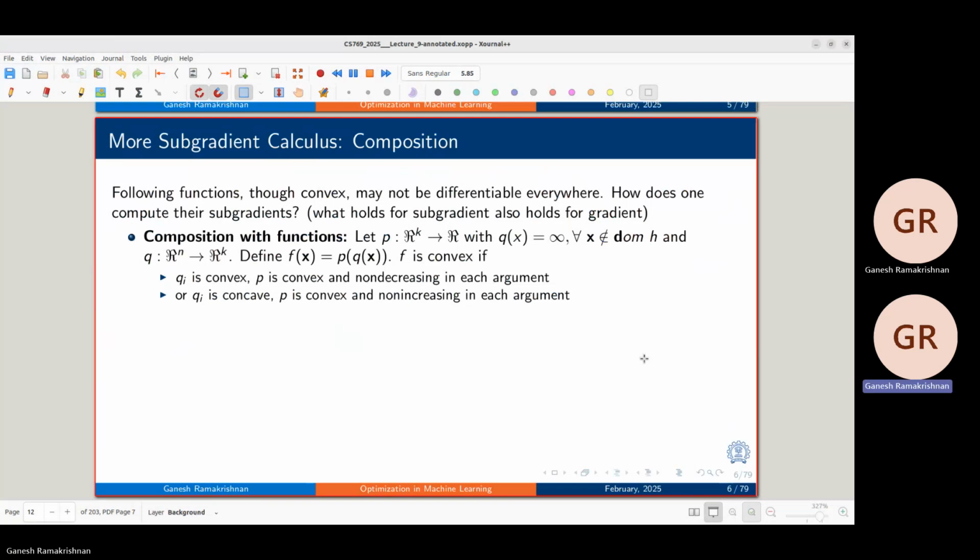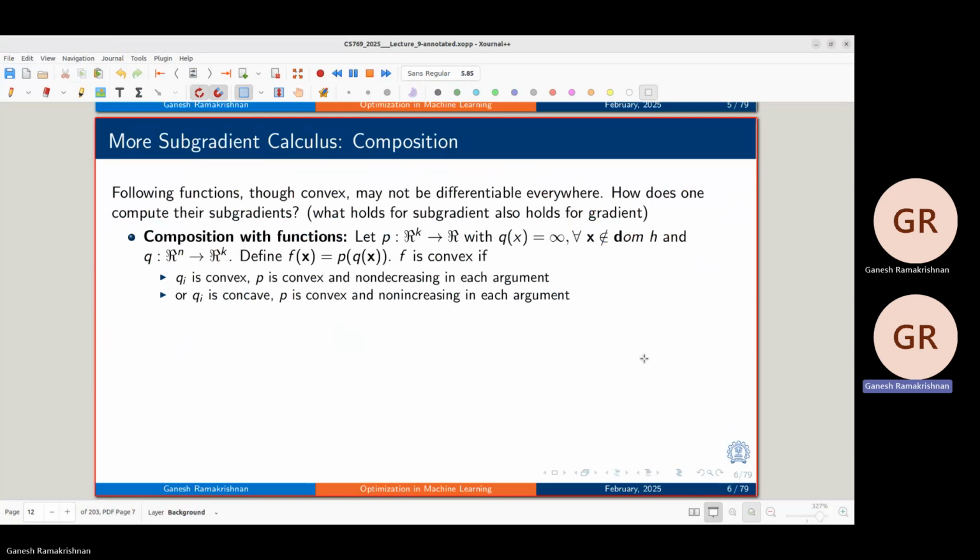So now, this is what we saw was an example of max. For composition, remember our favorite f of x is h of g of x. So what were the two combinations we always talked about? One is h is convex and non-decreasing, g is convex. Is that correct? What was the other one?